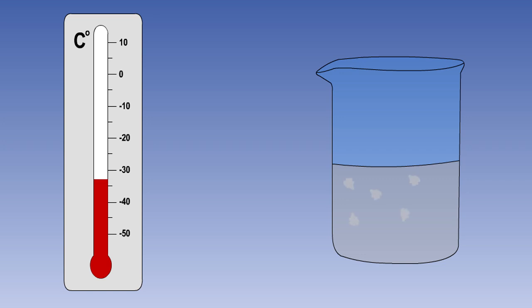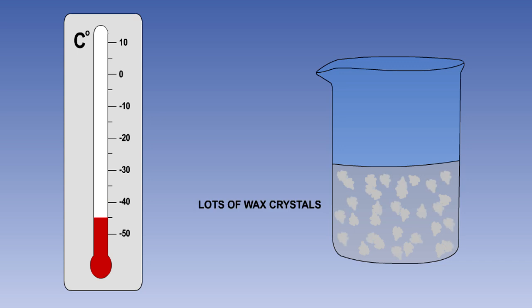As the temperature of the fuel drops, the heavy hydrocarbons, which have the highest freezing point, freeze first and form wax crystals. As the temperature drops further, the hydrocarbons with slightly lower freezing points start to solidify, and so on as the temperature continues to fall.